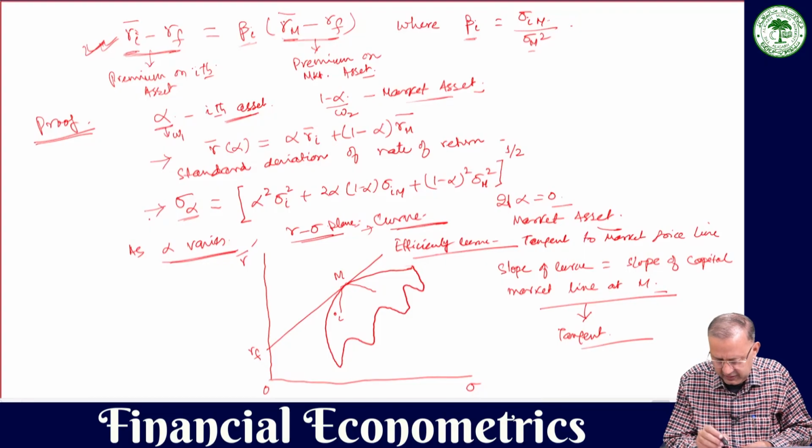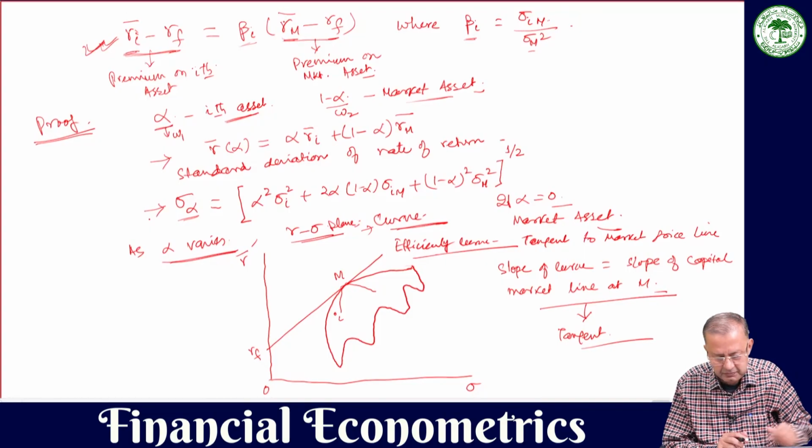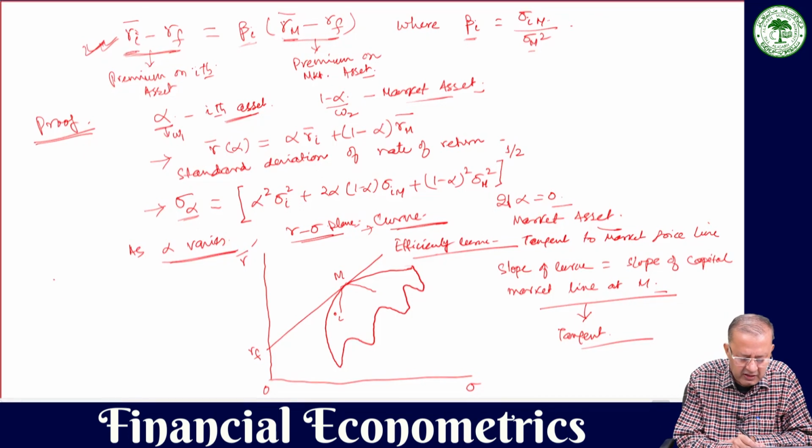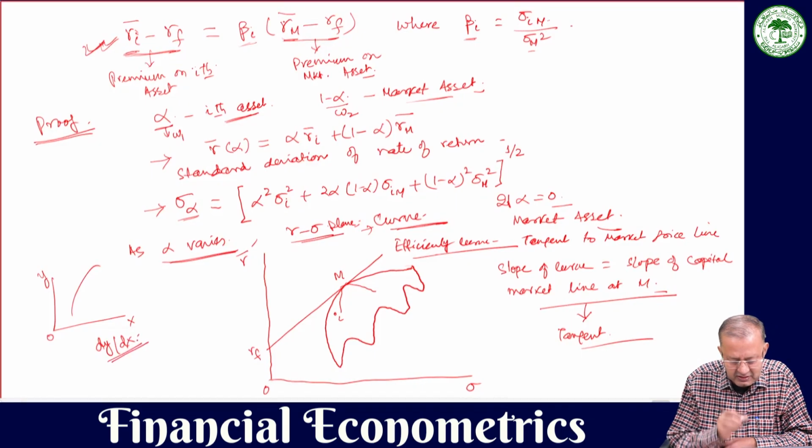the slope factor. How is this slope found? Slope is nothing but, for any graph in the y-x plane, whatsoever be the graph, like this or this or this, the slope is given by dy by dx.